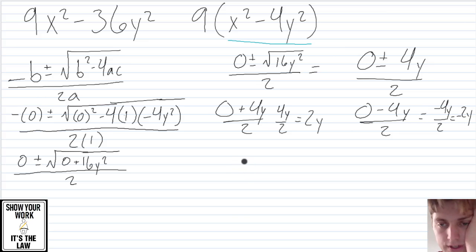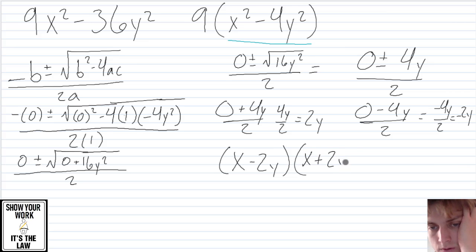All right, remember we just flipped the sign, so x minus 2y, and then over here we have x plus 2y, and don't forget about our 9 that we factored out in the beginning. That will go right here. So once again, because we had only 2 terms, these became conjugates, which means they have the same values, just different signs.